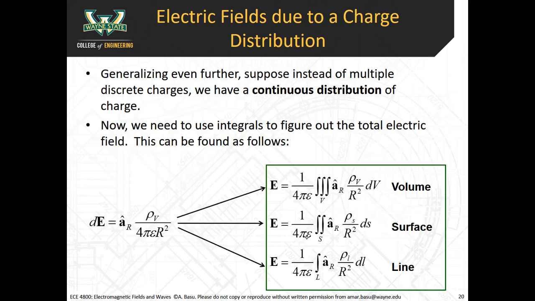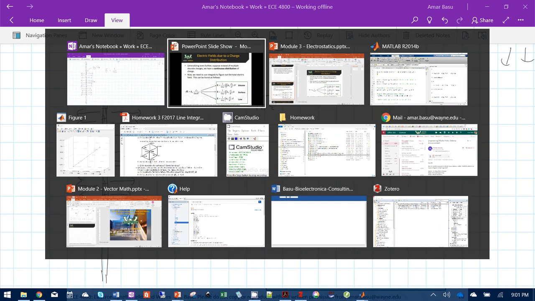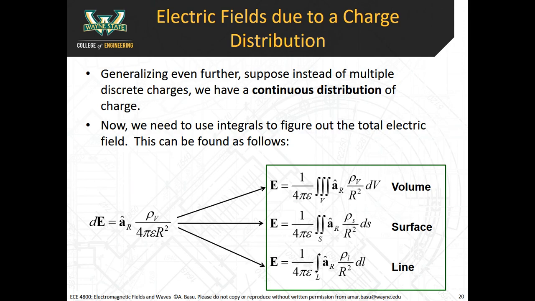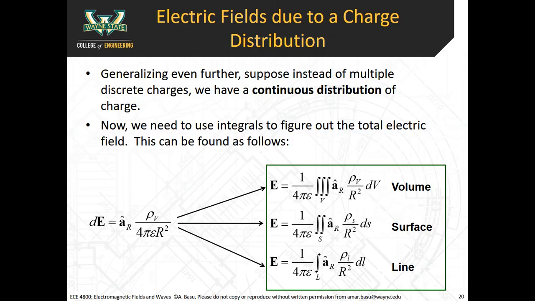Since we have a rho L, a linear charge density, we have to use this equation here. The electric field is equal to 1 over 4 pi epsilon, integral of A sub r rho L over r squared times dl.